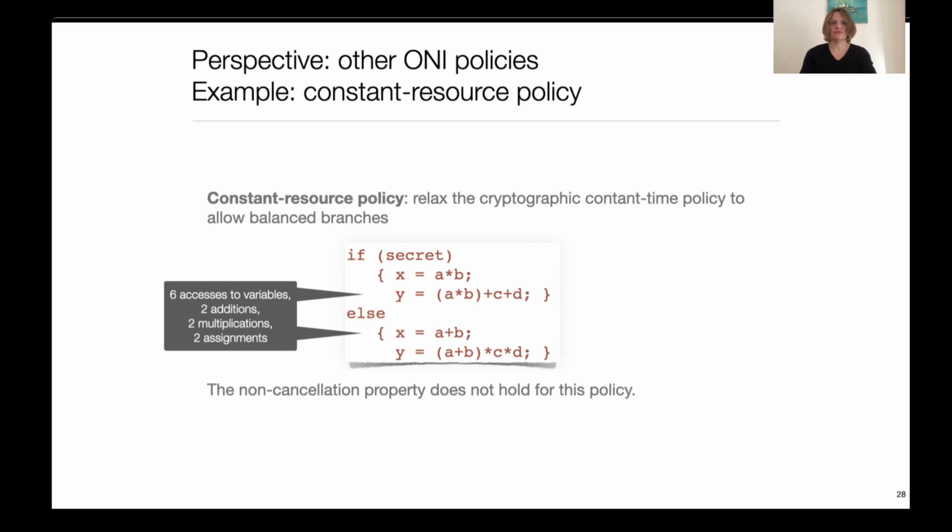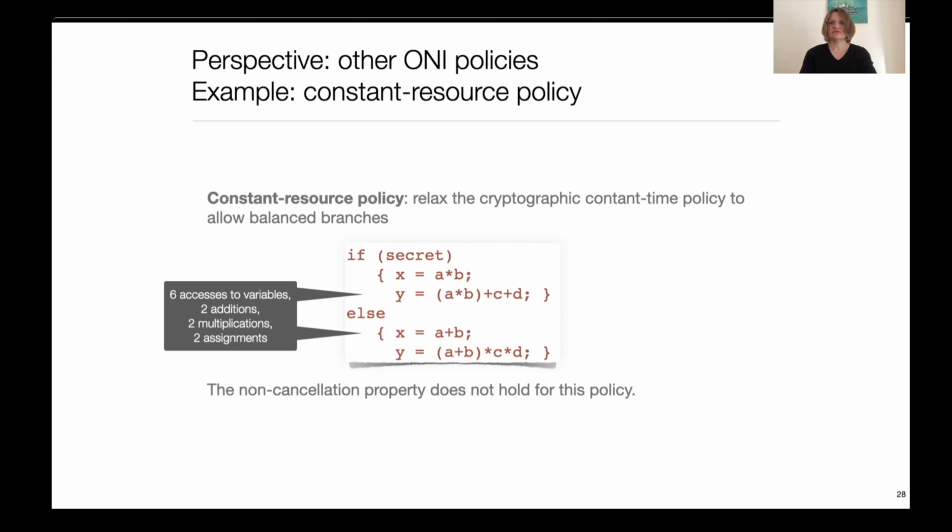For example, the following program is constant resource as both branches consume the same amount of resources. That is 6 accesses to variables, plus 2 additions, plus 2 multiplications, plus 2 assignments.